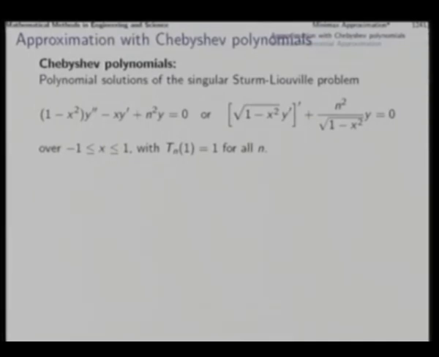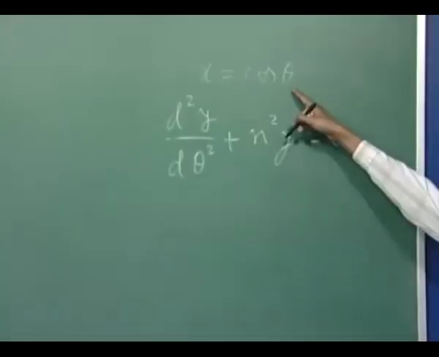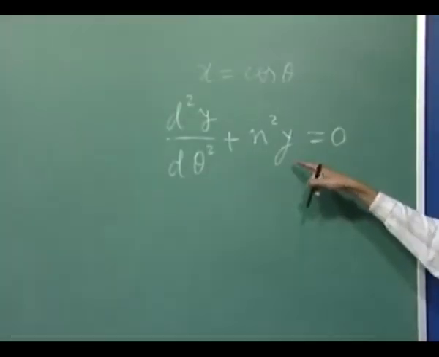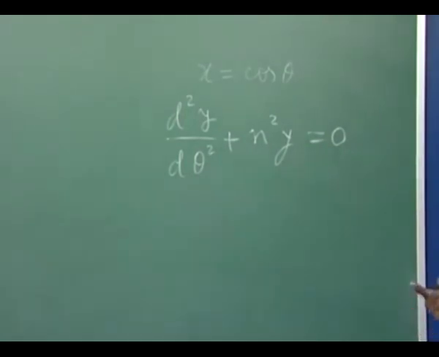The way we discovered this fact in the case of Legendre polynomials, it is possible to discover the same fact for Chebyshev polynomials also, in the same manner, by consideration of the series solution, and noting that for integer values of n the series terminates and gives polynomial functions. The same conclusion will be reached through this arrangement, in which we replace x with cos theta, and solutions turn out to be cosine n theta, sin n theta.